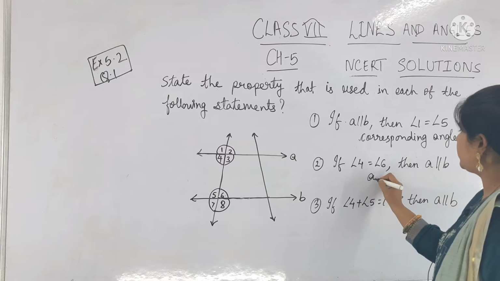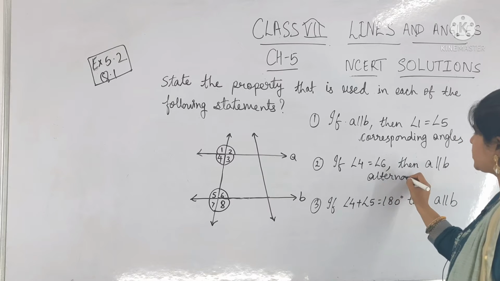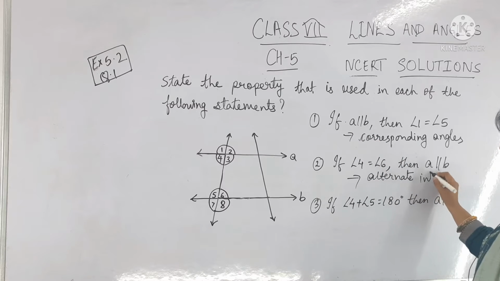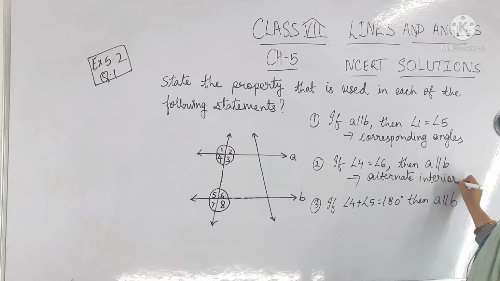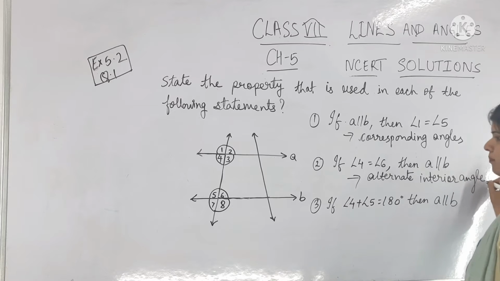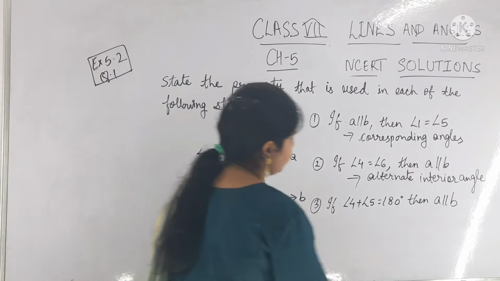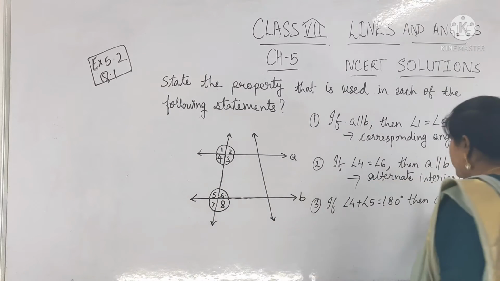Then A is parallel to B because of alternate interior angles, right.